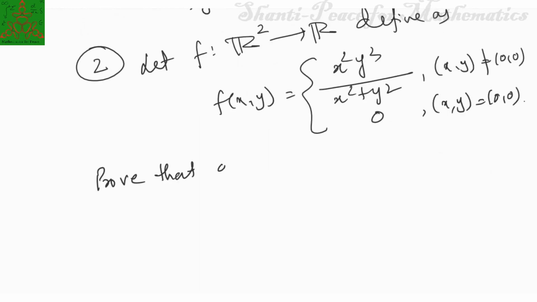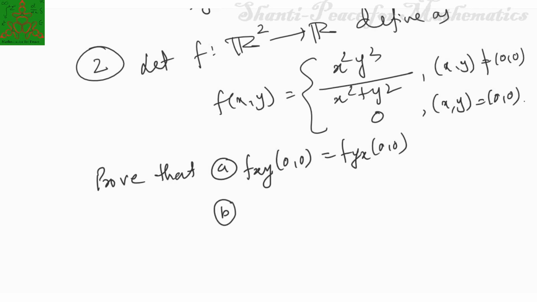Prove that first, f_xy at (0, 0) is the same as f_yx at (0, 0), and second, f_xy is not continuous at (0, 0).